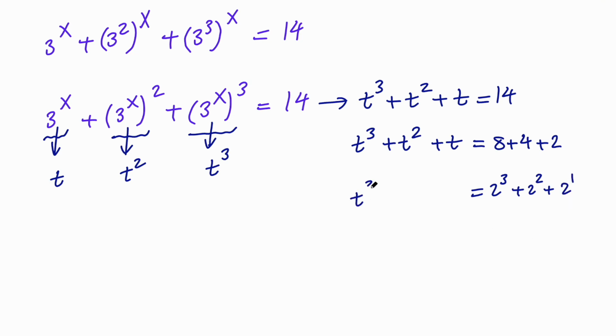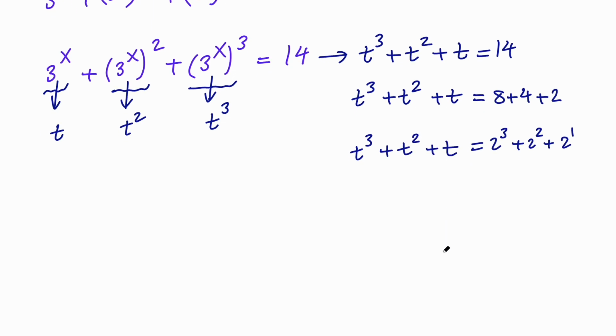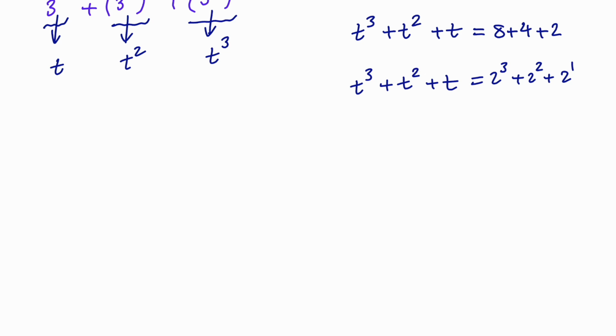So that's cool. Let's go ahead and move everything on the same side and try to factor this. So we have t cubed plus t squared plus t minus 2 cubed minus 2 squared minus 2. And the whole thing is equal to 0.